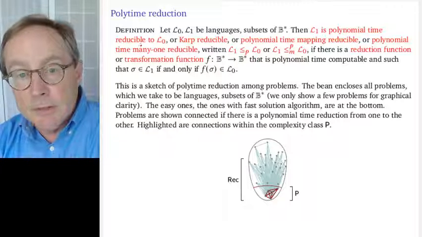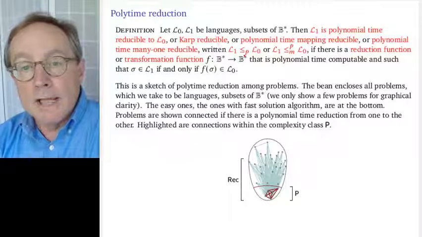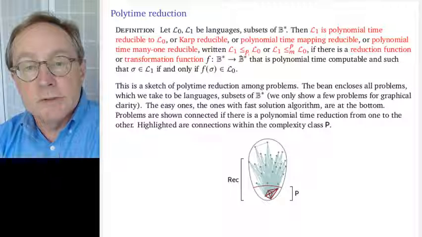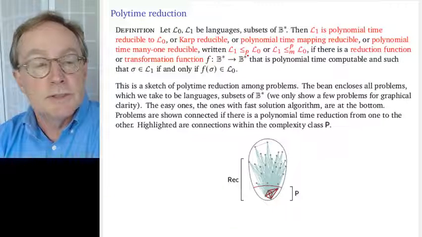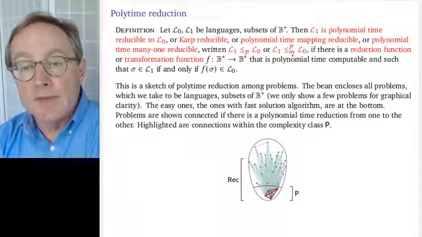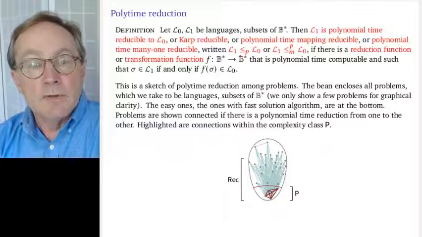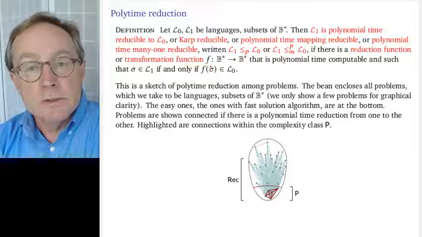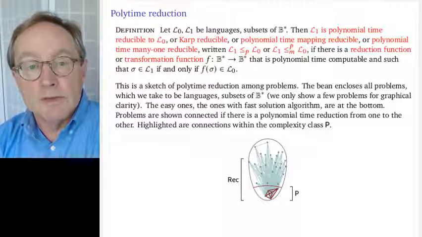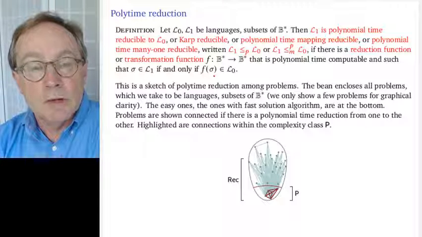I'm going to use the phrase polytime reducible, and you write it as less than or equal to, kind of like less than or equal to with the sub T, except with a sub P for polytime. You do sometimes see a sub m for many-one reducible and a super p for polytime, but I'm going to use this. The definition: there is a reduction or transformation function f carrying input strings to output strings that is polytime computable, such that sigma is in L1 if and only if f of sigma is in L0.